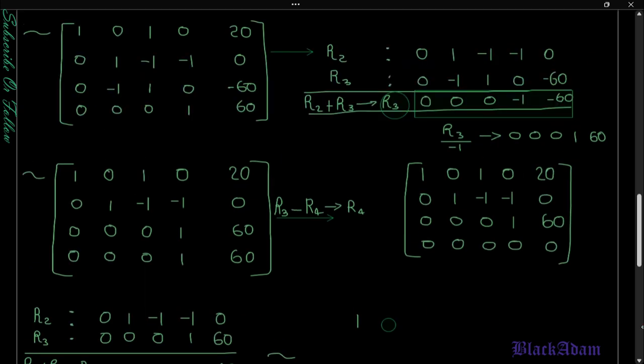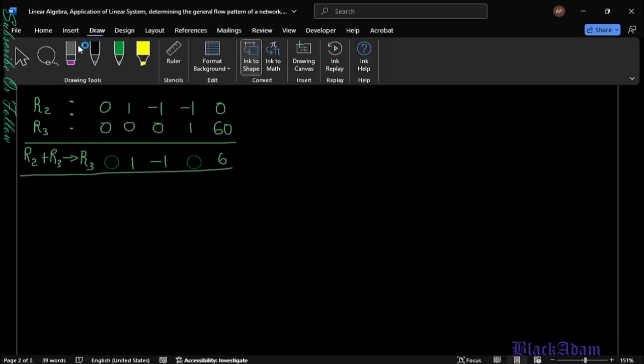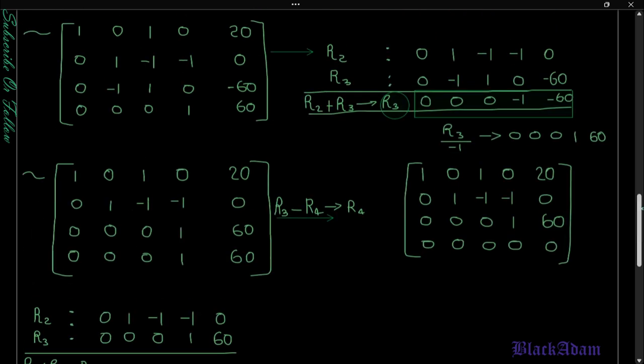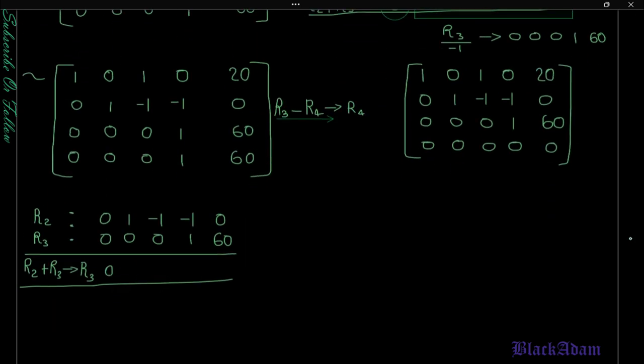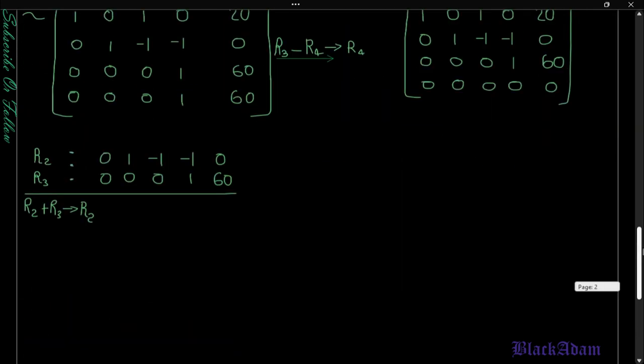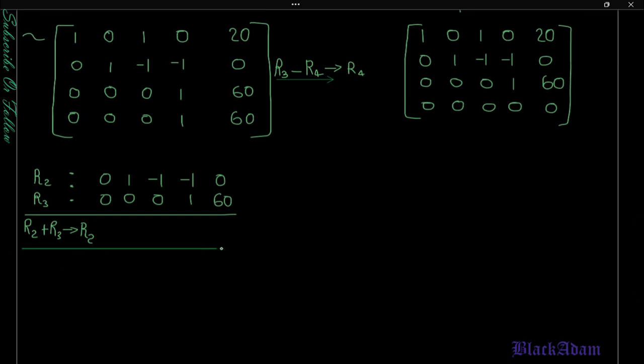Let me double check. Supposed to put it on row 2, so that's going to be row 2 there. It's going to be our answer, we put it on row 2, so that we leave row 3 intact, so that they can fall in good order. So 0 1 -1 0 and 60.